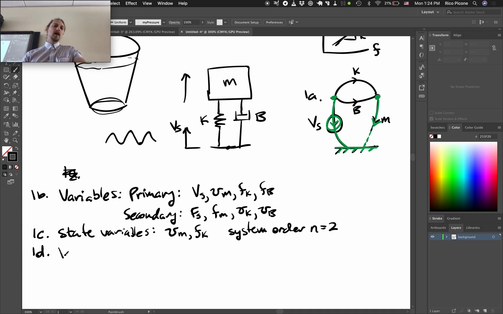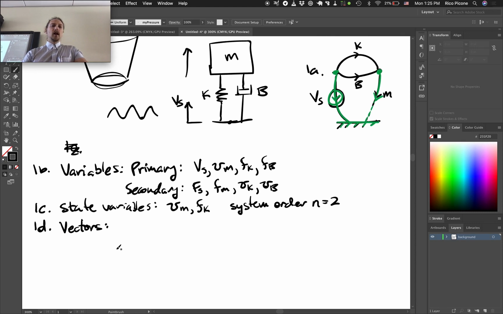So the vectors, the vector value functions really, but the vectors. So we've got our state vector, which we can say is VM, FK. Could I have chosen FK, VM? Yes, it's arbitrary. However, once you choose it, you have to stick with it. Okay?